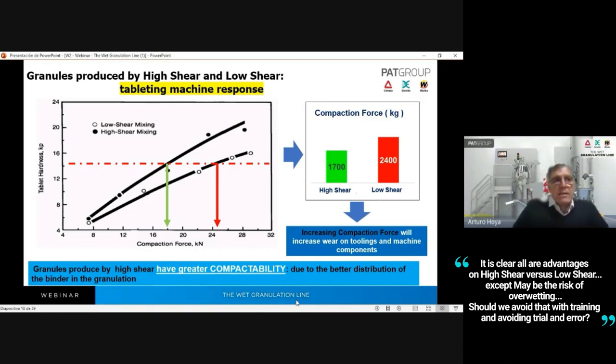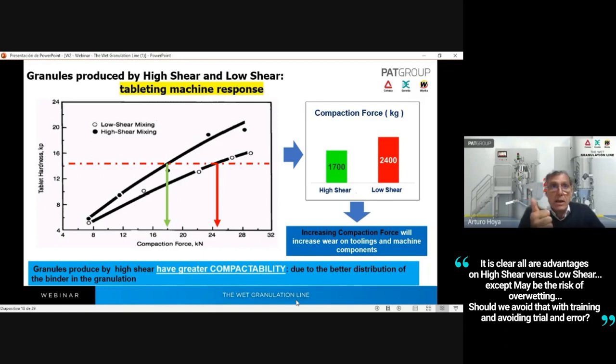Okay, Daniel. Yes, as we see, the high shear has a lot of advantages over the low shear, but take care with the risk of densification and the risk of overwetting or overgranulation. These are the problems, but it's simple to avoid if we control the critical variables of the process.